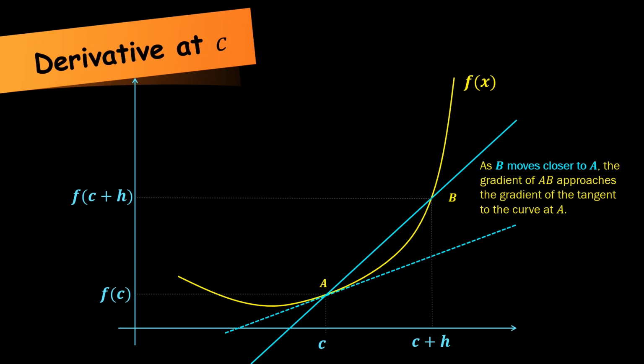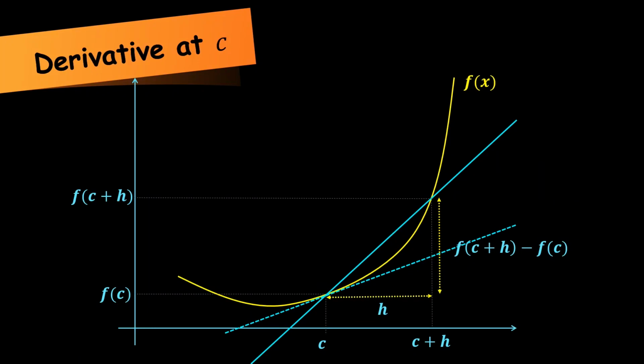The gradient of the line joining f of c to f of c plus h is the change in y, as shown by the blue line indicated by an arrow, divided by the change in x, which is equal to h.